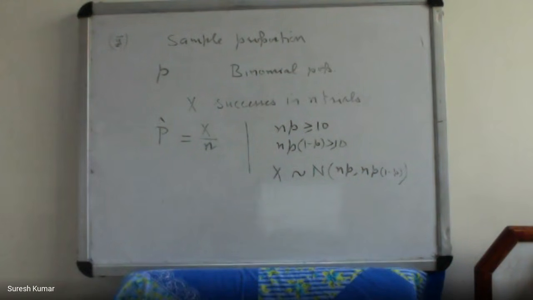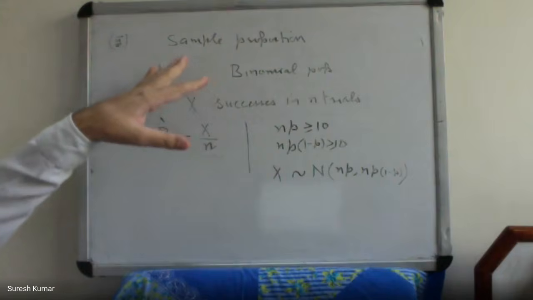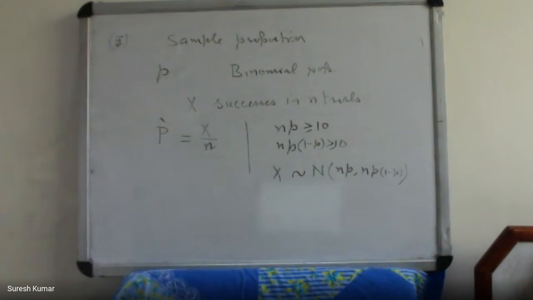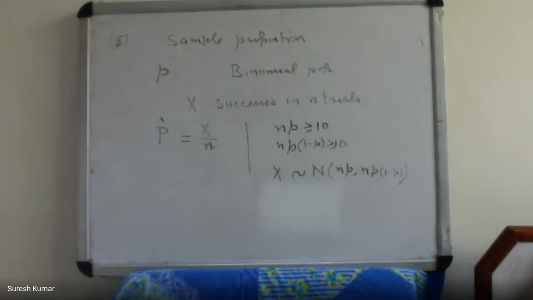X is a binomial random variable initially, related to a binomial population, but under these conditions, it can be approximated by a normal random variable with mean np, variance np times 1 minus p. Hope you recall these results that you did in earlier chapters.